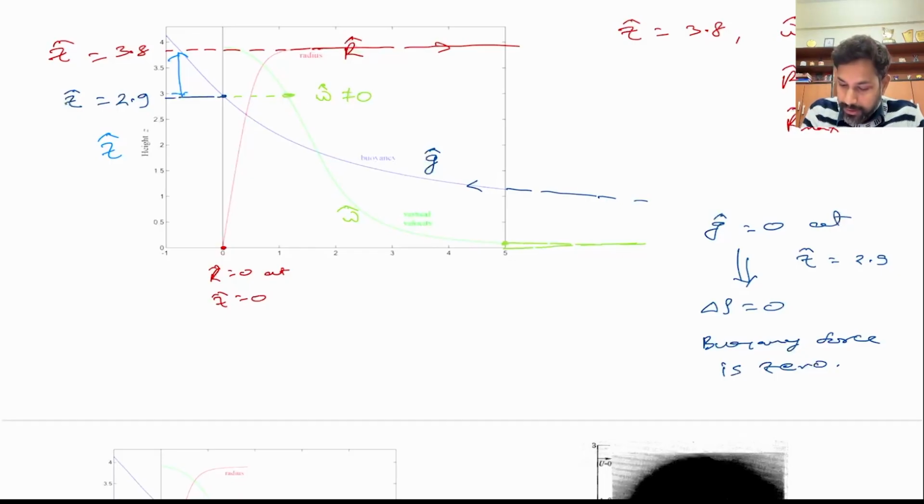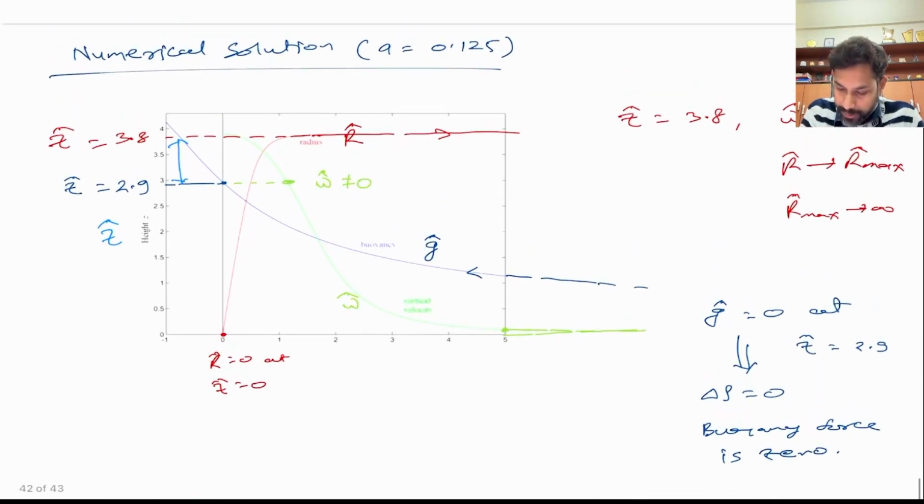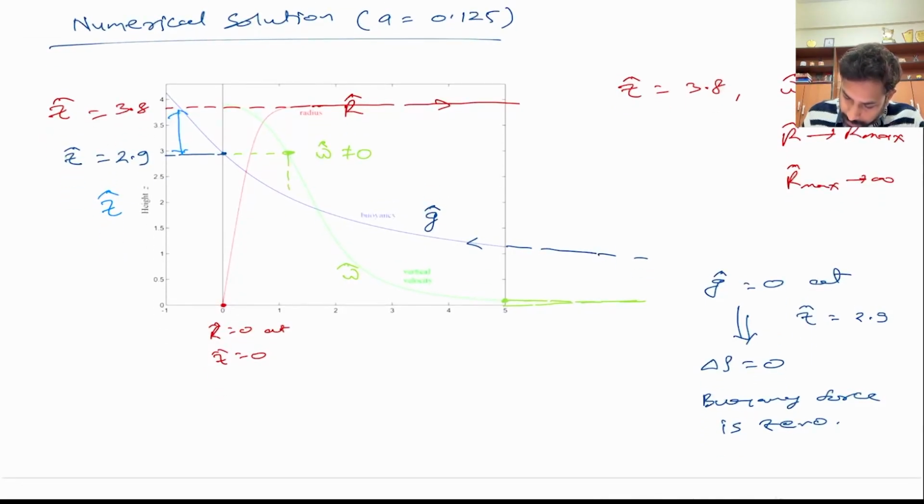Okay, so this is a solution that is derived numerically for a value of A as 0.125. This particular solution should work for all plumes in a stratified medium, because this is a dimensionless solution. And now by using this dimensionless solution, we can actually predict the dimensional solution of the plume, because we now know the value 3.8 or 2.9, etc. We can also from here predict, let's say, the vertical velocity when this becomes zero.